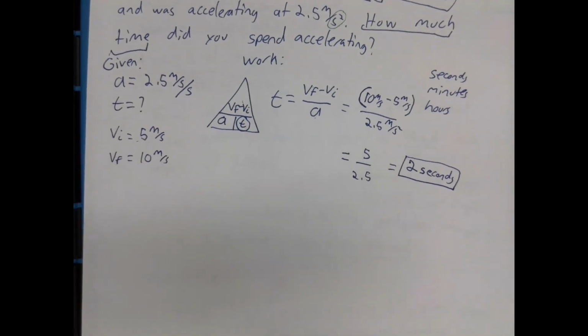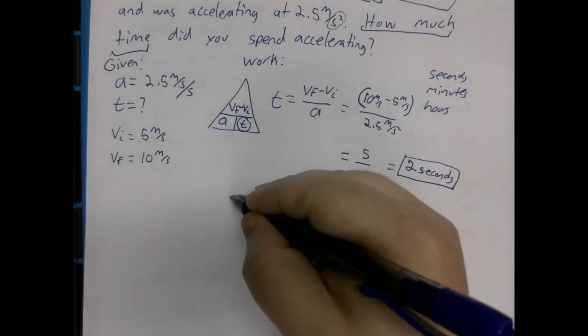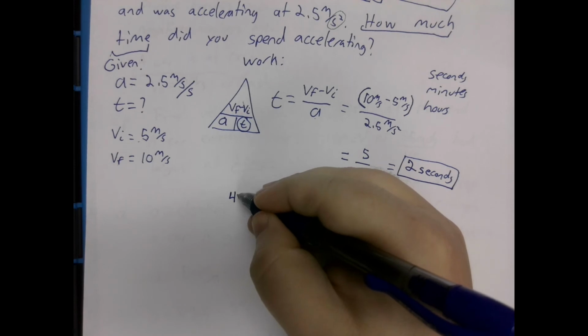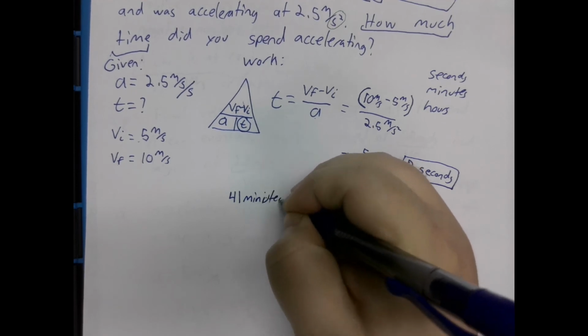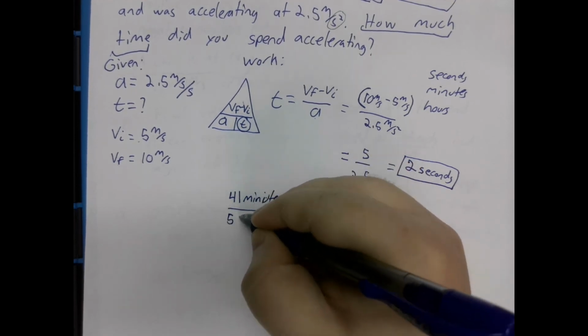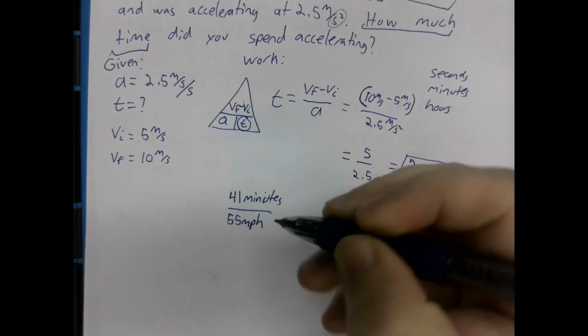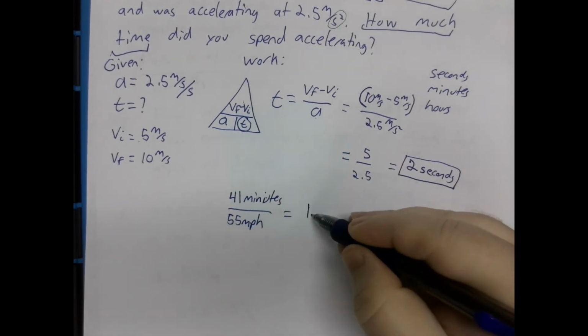Another common mistake is I've seen some people do everything right. For example, one problem asks how many miles you can go in 41 minutes, going 55 miles per hour. They got an answer of 1.3.